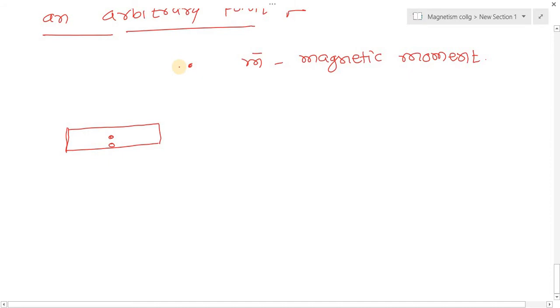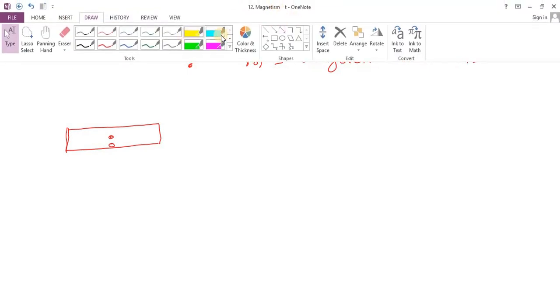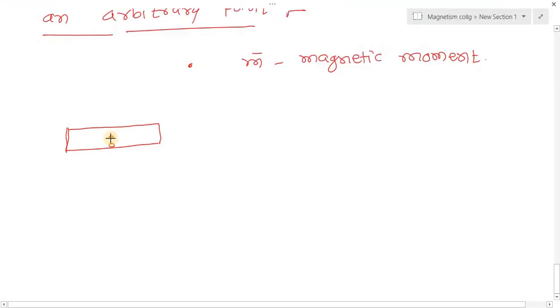Magnetic moment m bar is resolved about the center of the magnet into two components, along r bar and perpendicular to r bar. So we take the point P, which is at a distance of r from the center.